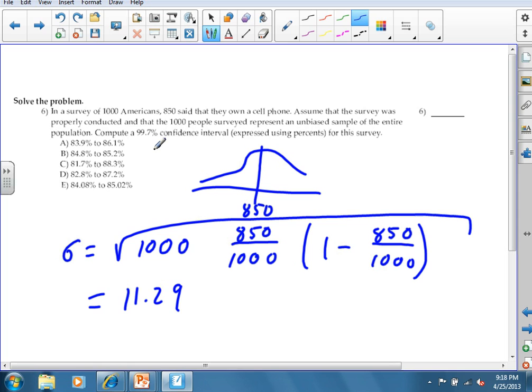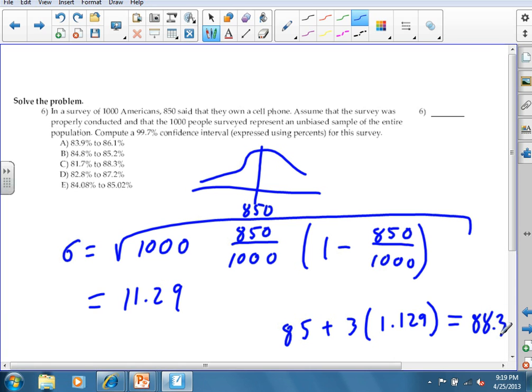Well, this guy's at 85%, right? So what's 85 plus 3 times 1.129? 88.3.